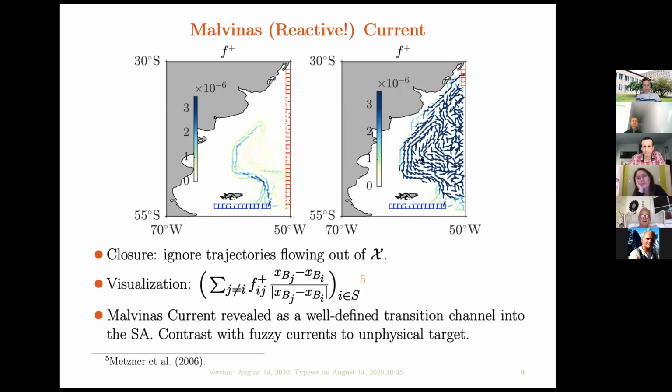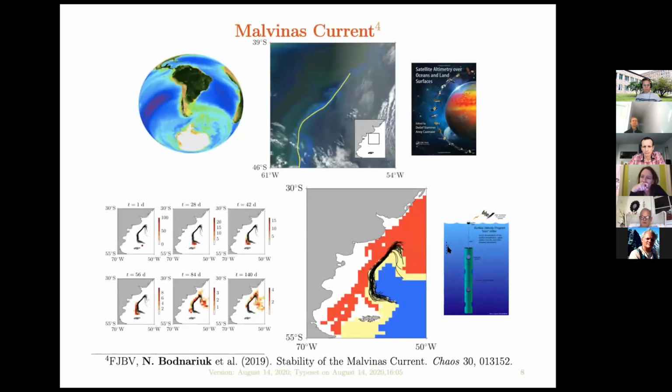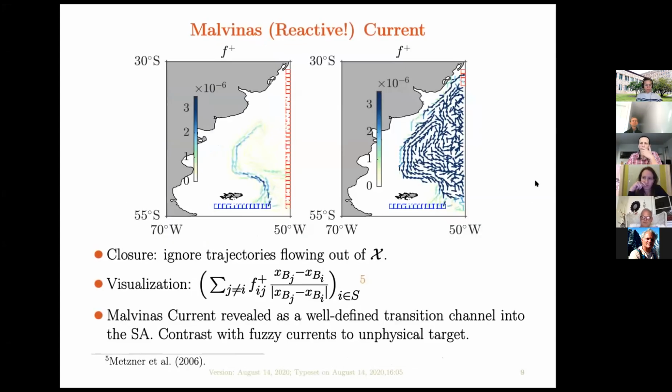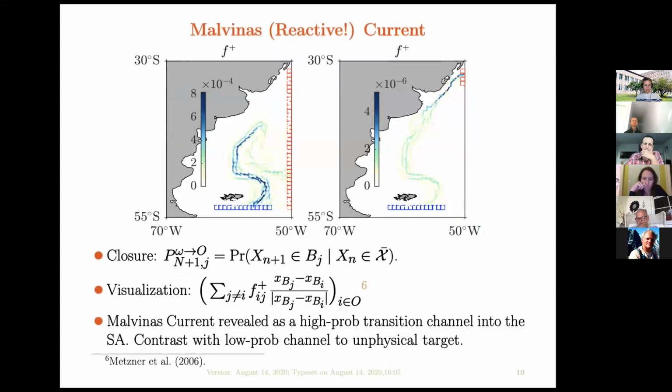trajectories in there. We can also go and apply a different closure, and this is taking into account that actually there's water flowing out, and so we add an urban state in there, and we send all the imbalances back into the chain by making all the stuff that is out a single box and looking for the transitions in that way.